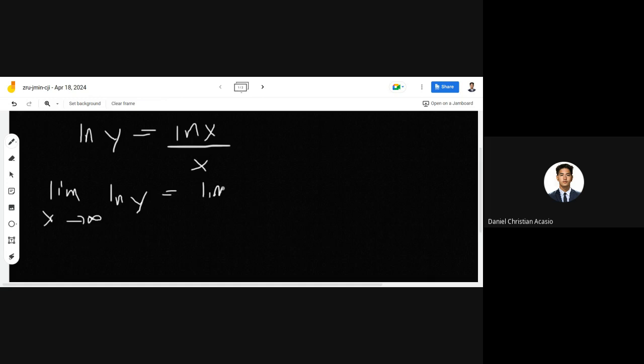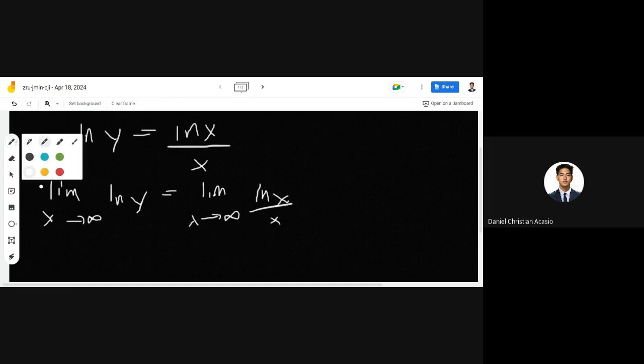Again, ln y is equal to ln x over x. What you have to do is find the limit of both sides. Limit as x approaches infinity of ln y is equal to the limit as x approaches infinity of ln x over x.